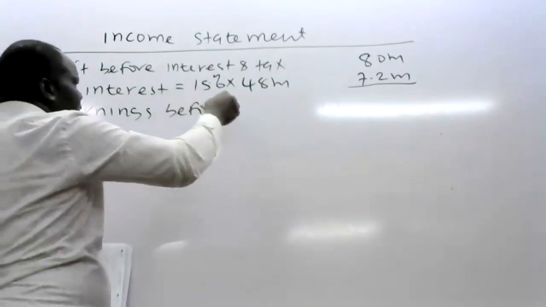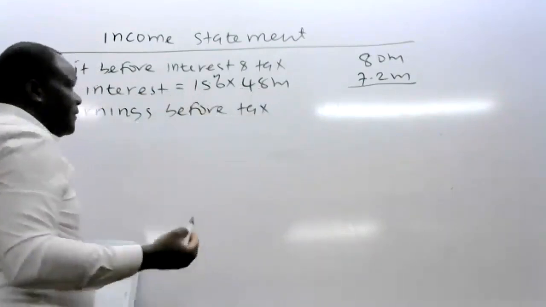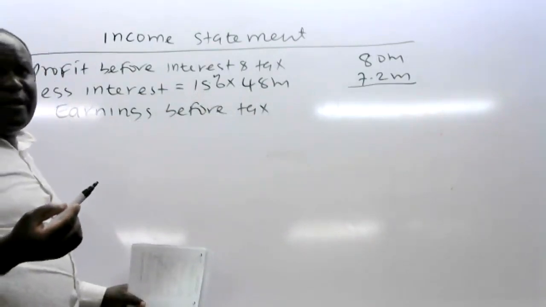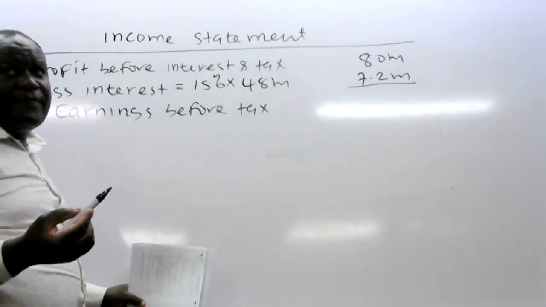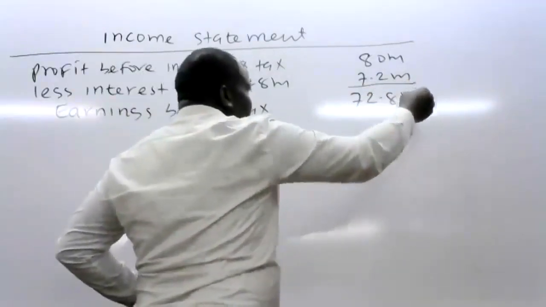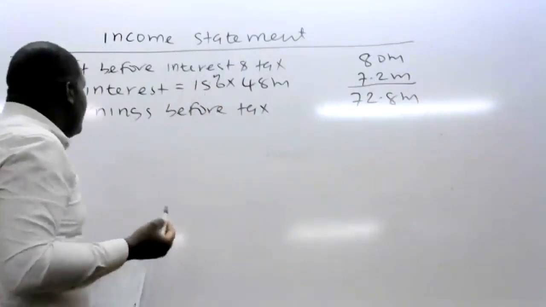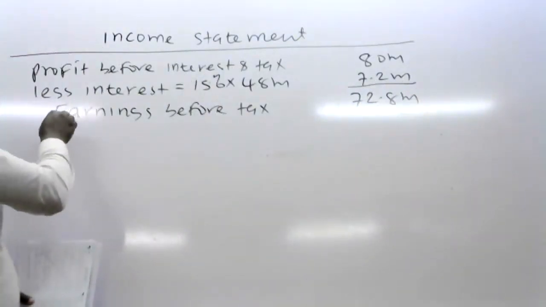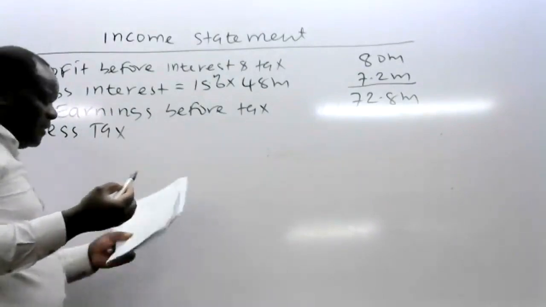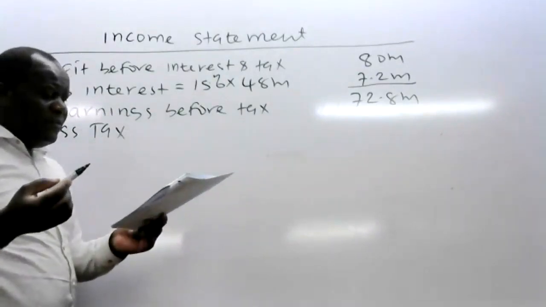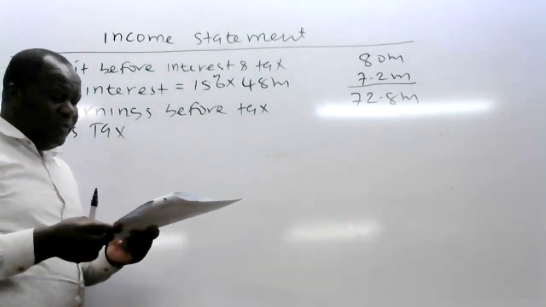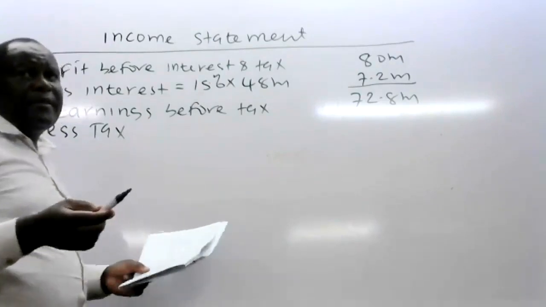before tax. So what should be our earnings before the tax? 72.8. Then now we less the tax. The question had given you the information to do with the corporate tax. You see the corporate tax, it is 30%.